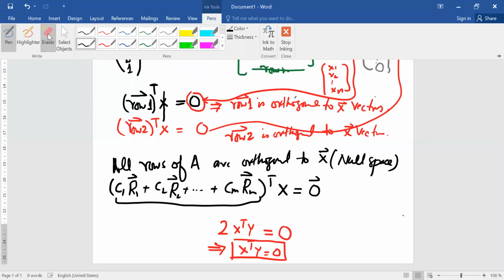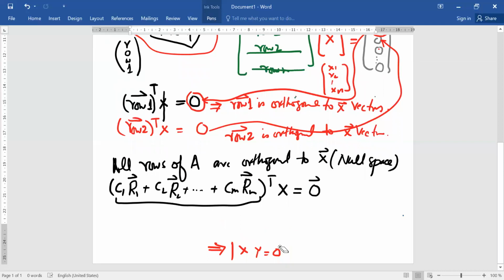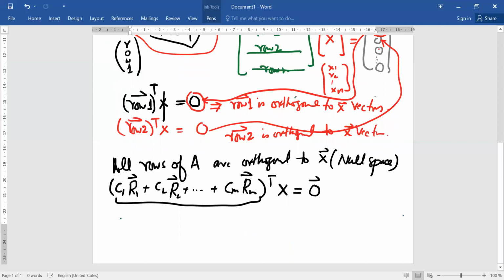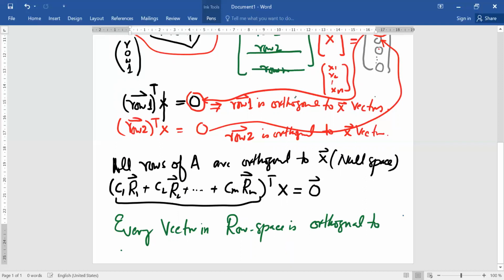What we are saying here is that every vector in the row space is orthogonal to every vector in the null space.